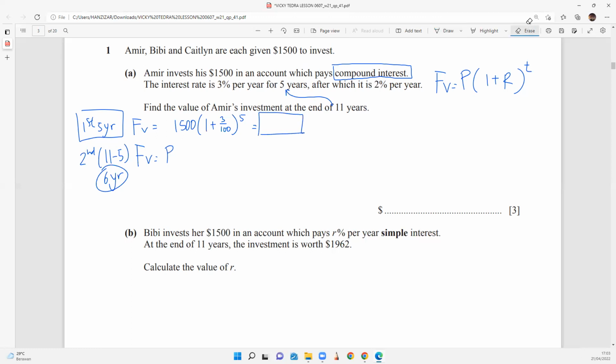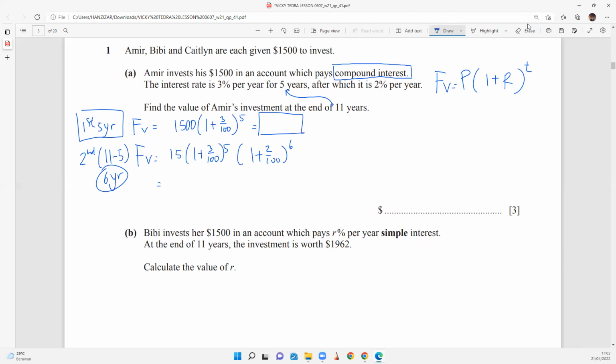Okay, so I don't think we need to use the number. We need to find the final answer. No need. Just write down like this: 1 plus 3 over 100 to the power 5, this value, right? You multiply by 1 plus the next 2%, 2 over 100, to the power of 6, not 11. Be careful, because we are calculating the 6, right?